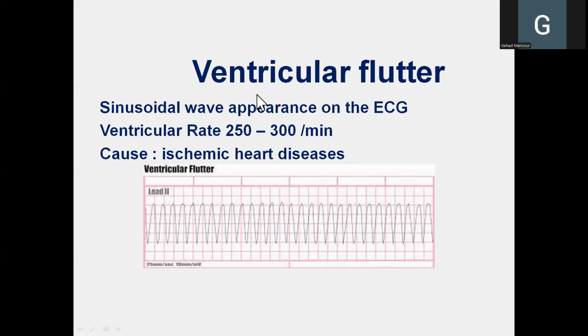Of course, the more severe the ischemia is, the more likely the flutter is to originate from the ventricles rather than from the atria. So if you have a mild ischemia, a mild insufficiency of blood supply to the heart, you might have an atrial flutter. But if it is more severe, you would have ventricular flutter, in which the ectopic focus is in the ventricle.